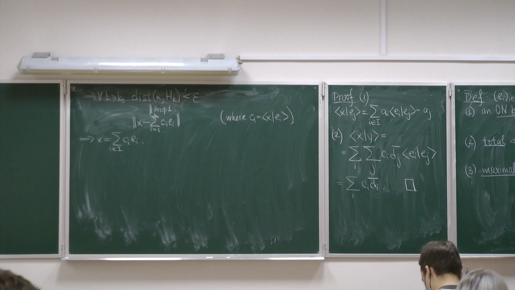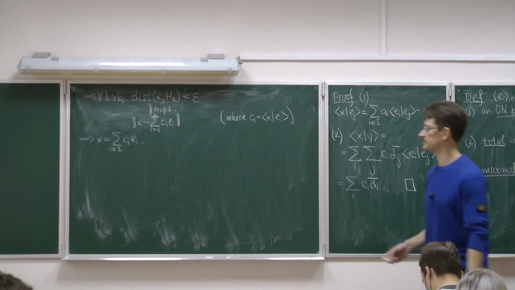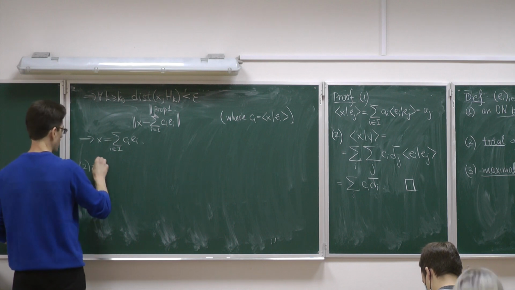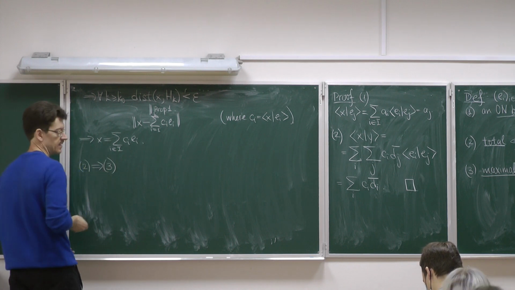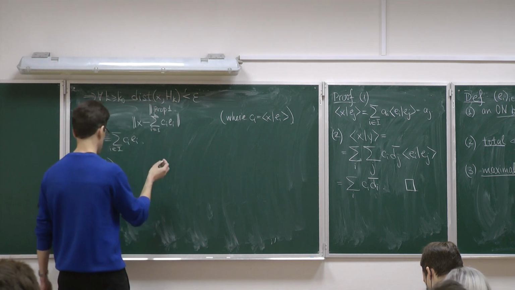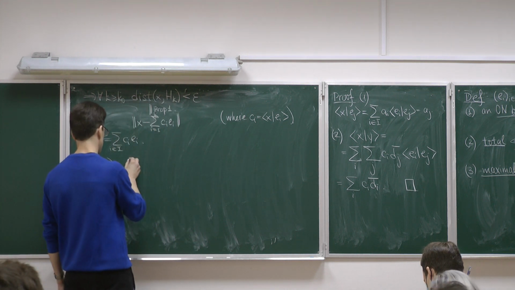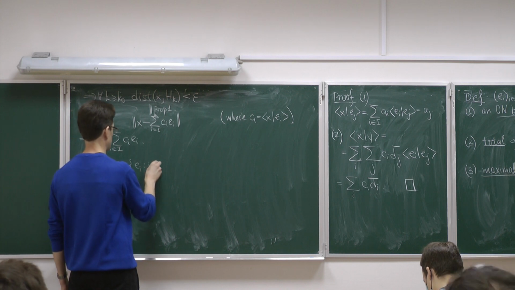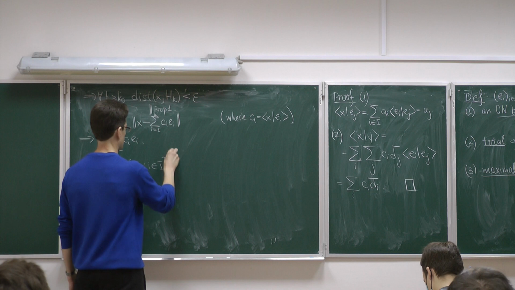Let's now show that 2 implies 3. Well, this is very easy. If we know that our family is total, and we want to show that it is maximal, we want to show that the orthogonal complement to this family is trivial.